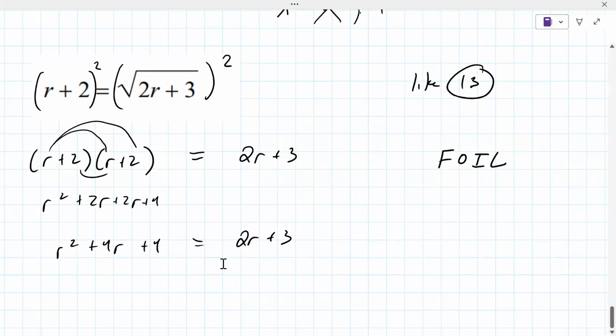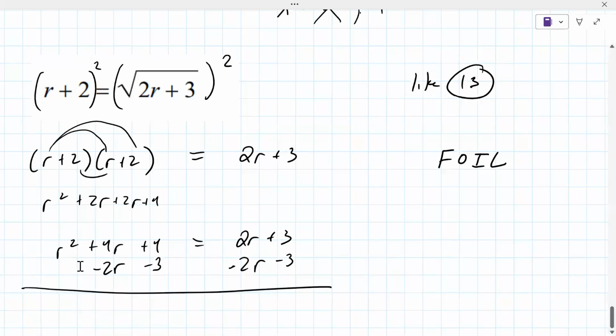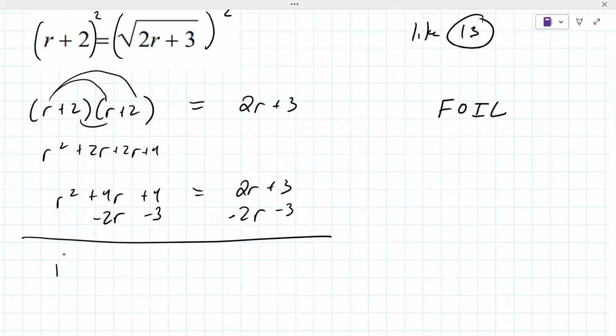So now we're going to move these to the other side of the equation. You move to the side with the highest power, typically. So this becomes r squared plus 2r plus 1 equals 0. And now you're looking for two numbers that multiply to 1, but add to 2.